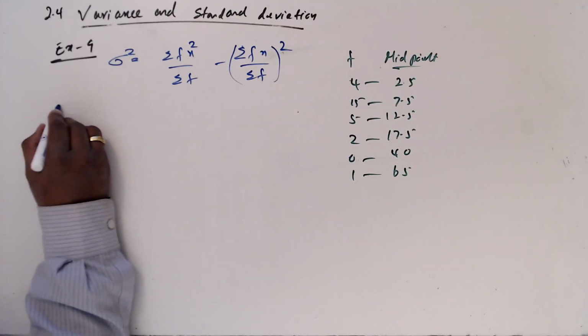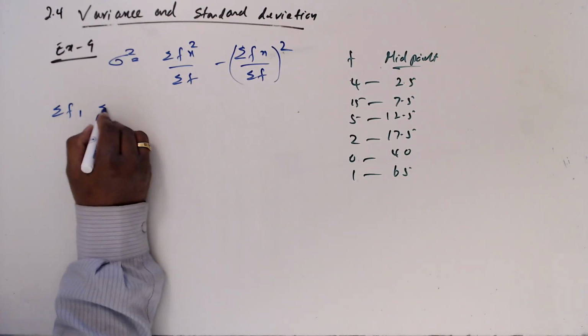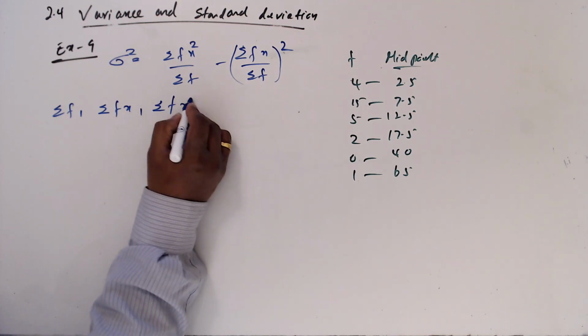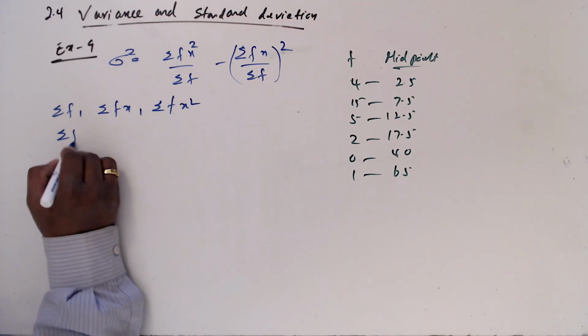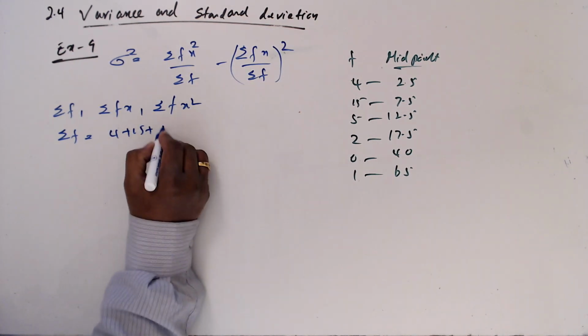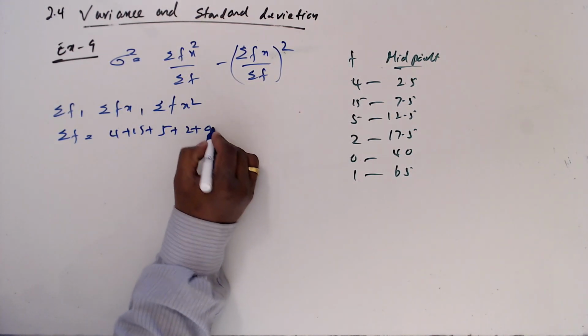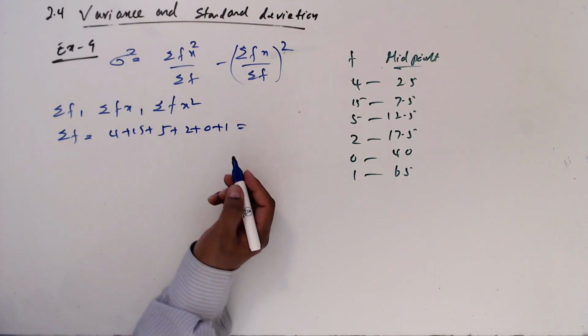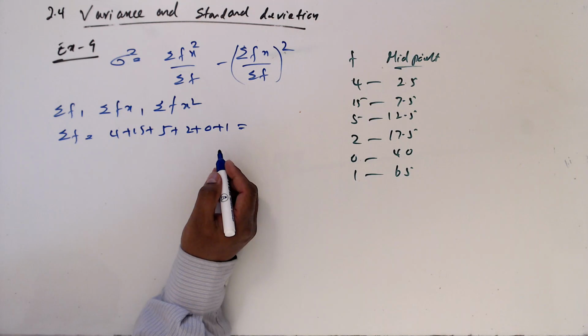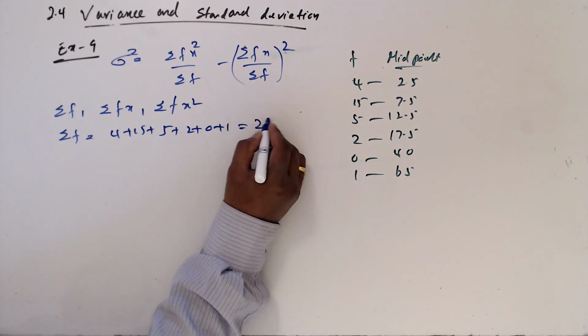So we need three things: summation f, summation fx, and summation fx square. So summation f we will get 4 plus 15 plus 5 plus 2 plus 0 plus 1, and that is going to be 27.